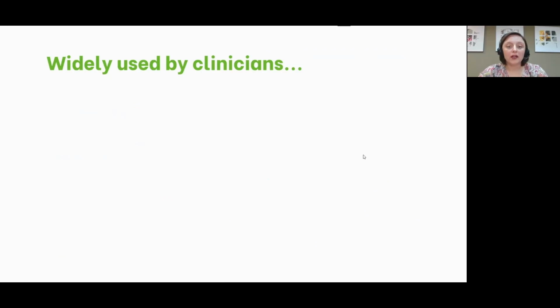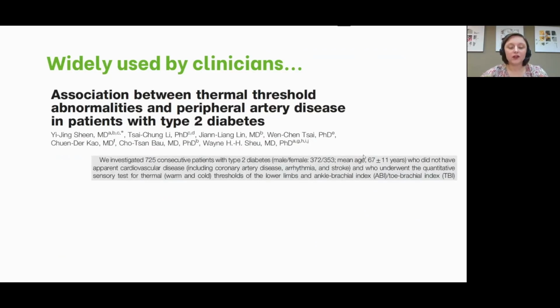The Qsens is very widely used by clinicians, and I have here a couple of examples of papers which we know were written by our clinical users all around the world. This is our big, long-time clinical customer in Taiwan. They do a lot of thermal QST tests on patients every day.